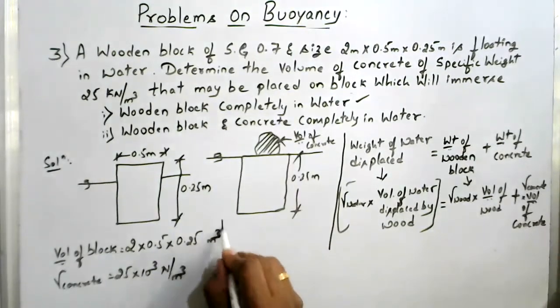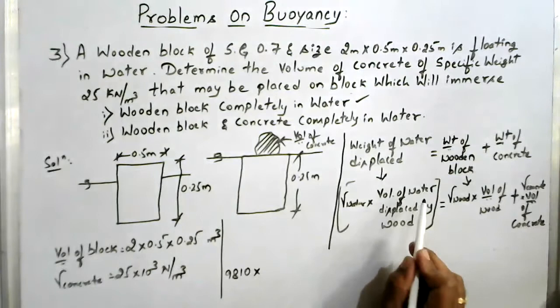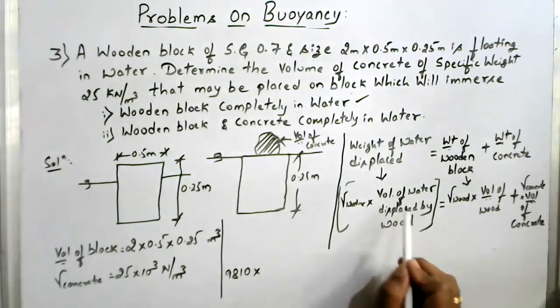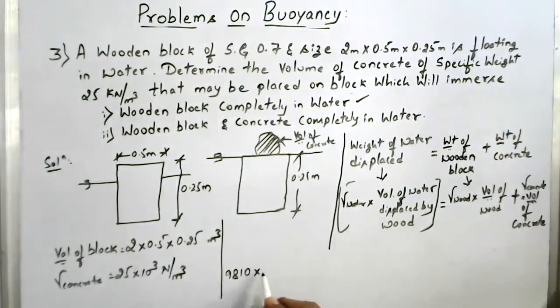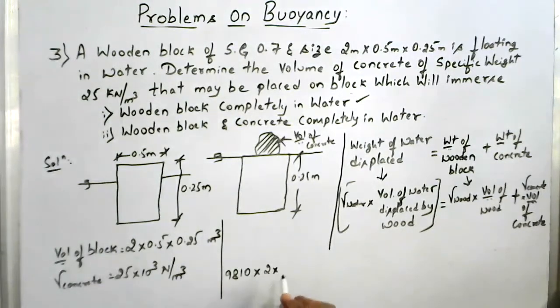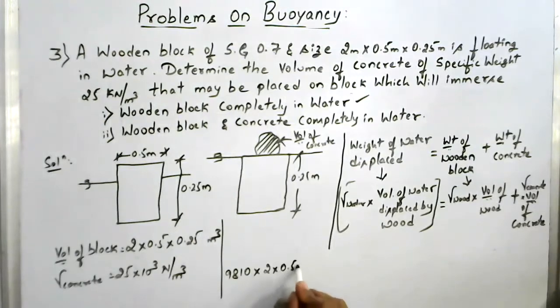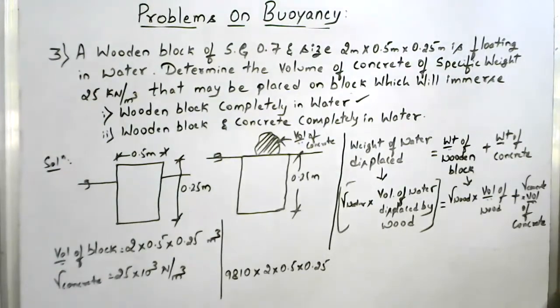The gamma of water is how much? 9810 into volume of water displaced by the wood. Volume of water displaced by the wood is given by 2 into 0.5 into 0.25, the volume of the wooden block, which is equal to the volume of the wood only.